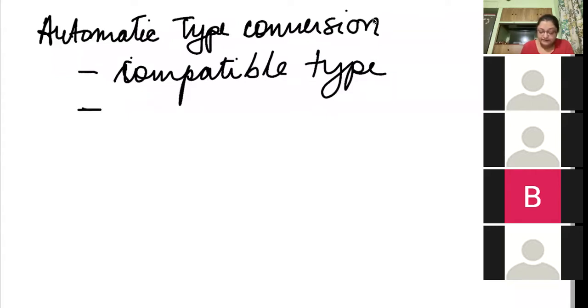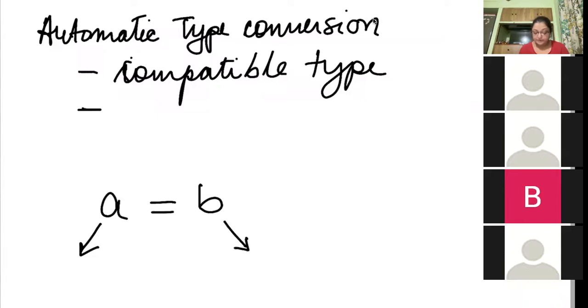And there is another condition. Before that, let's say I write something like this: A assigned B. This is an assignment. Here, the variable A has a data type and B has a data type. The data type of B is said to be the source data type, and the data type of A is called the target data type.